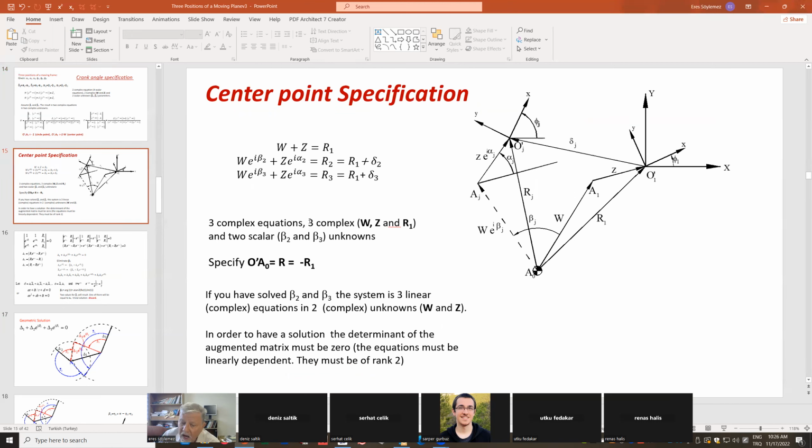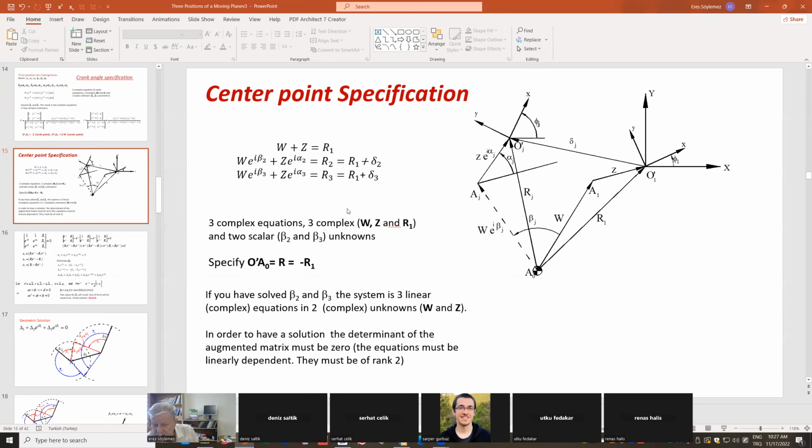Correct? If R is given, R1 is known, delta 2 is known, delta 3 is known, alpha 2 is known, alpha 3 is known. It is given three positions. If I write these equations like that, I have three complex equations, which end up as six scalar equations.